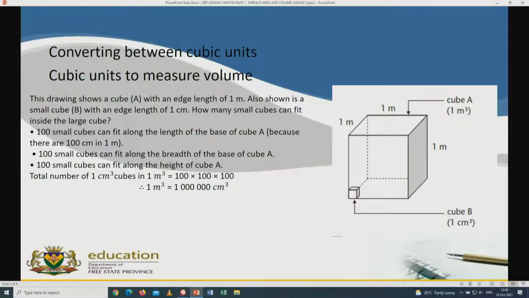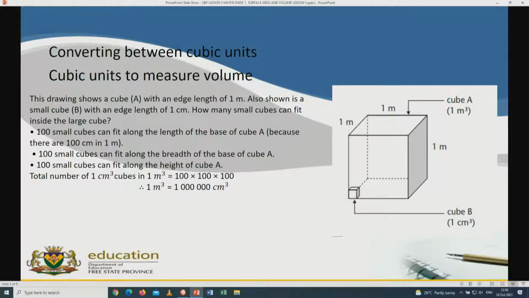Inside it, we put cube B's, the small ones that measure 1 centimeter by 1 centimeter by 1 centimeter. Therefore, the volume of the small cubes labeled cube B will be 1 centimeter times 1 centimeter multiplied by another 1 centimeter. That will be 1 cubic centimeter.